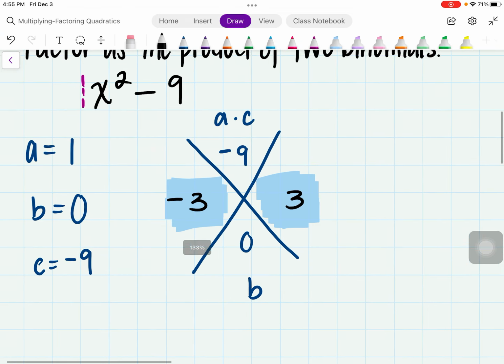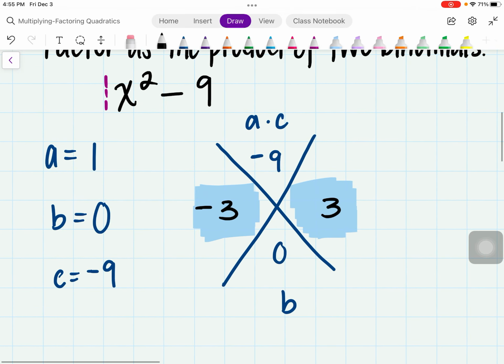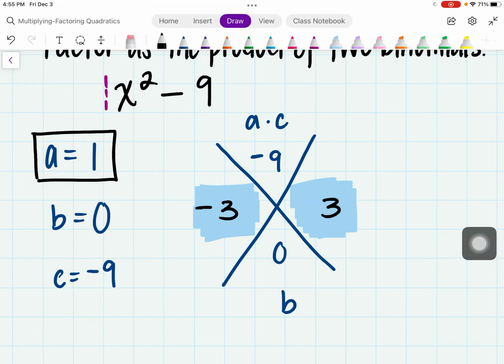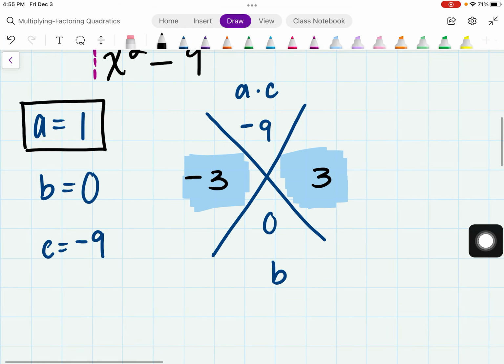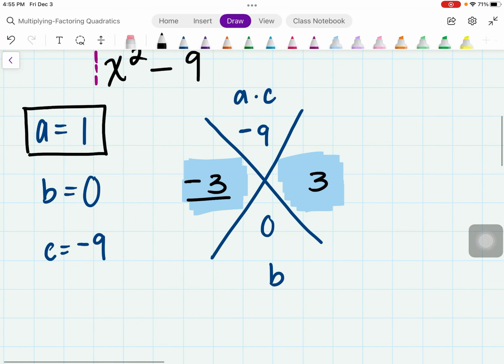Now, in this case, we do want to go ahead and check if we need to do some grouping here. If we take a look at our leading coefficient or our A value, in this case, that is a 1. Since our leading coefficient here is a 1, we're pretty much done with factoring. So in this case, I would basically be dividing my terms here by x.